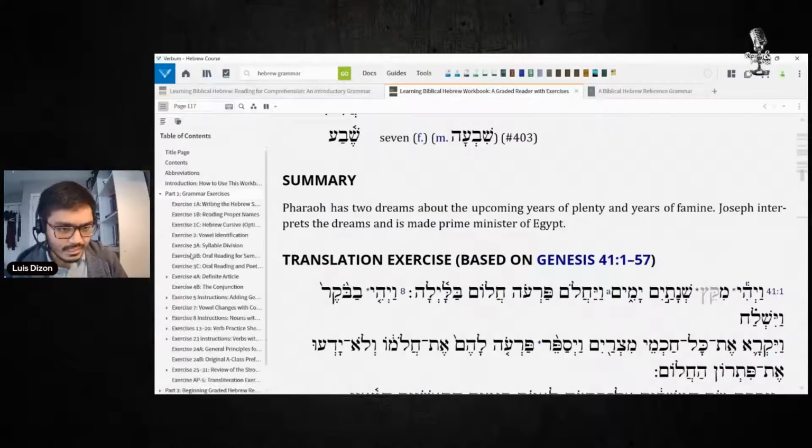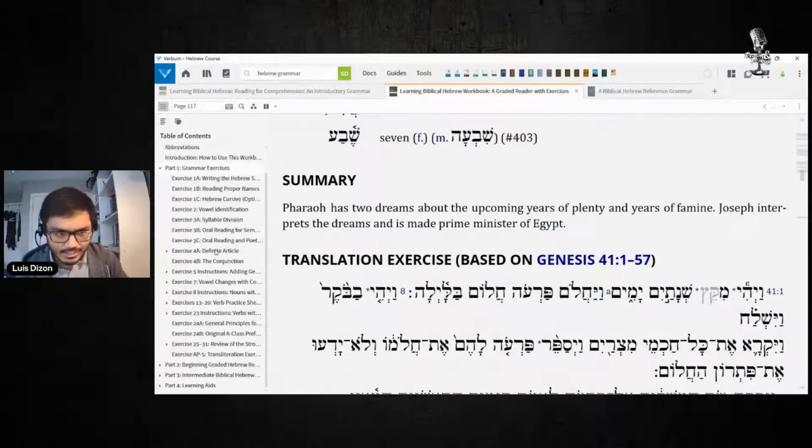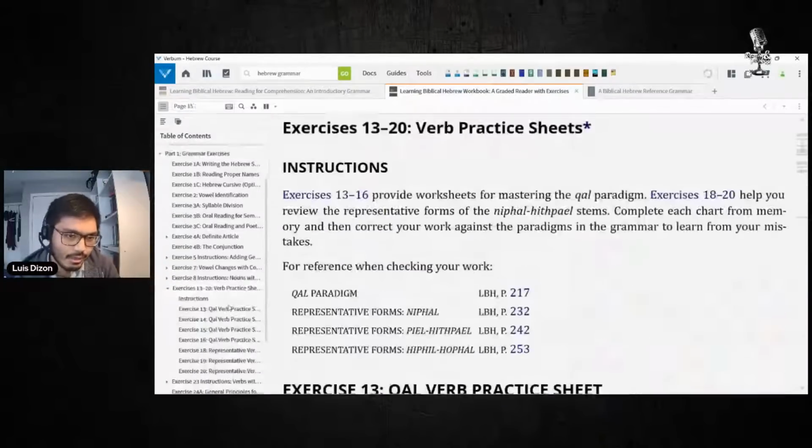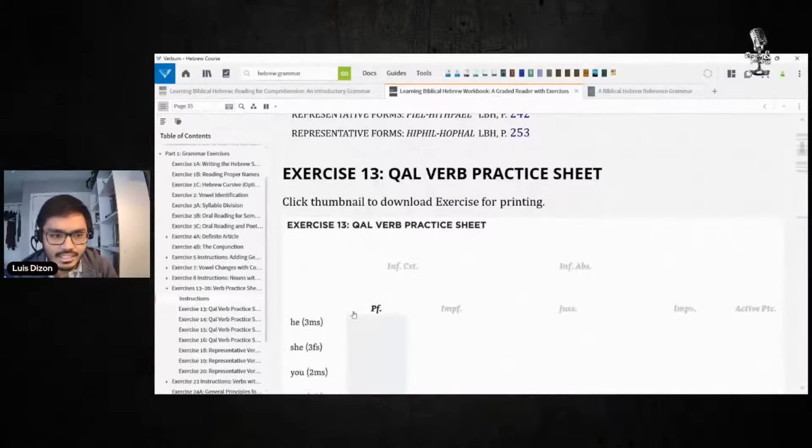If you're serious about learning the language, I highly recommend it, because the workbook gives you opportunities to actually practice the language. As you can see here, there are verb practice sheets.